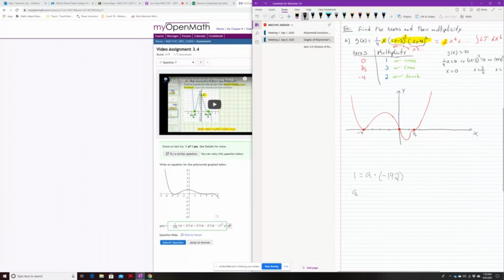And so that means that the a, which is the leading coefficient, would be -1 over 192. Okay, awesome. Thank you so much, Professor. Yeah, no problem. Okay, good.